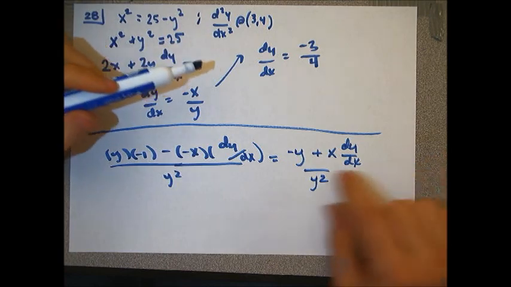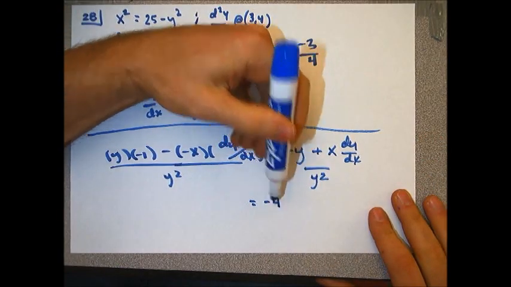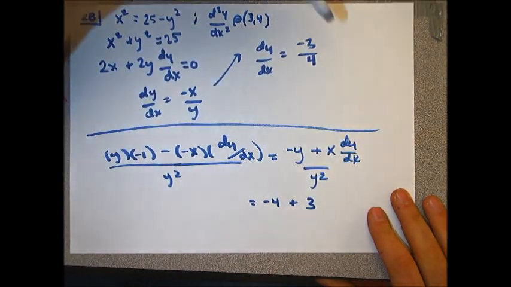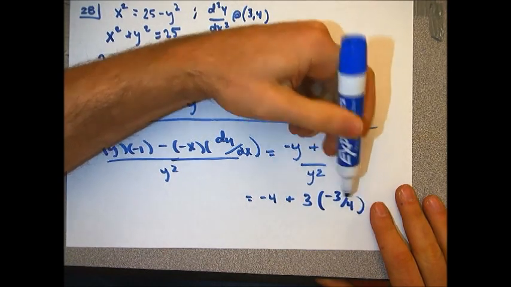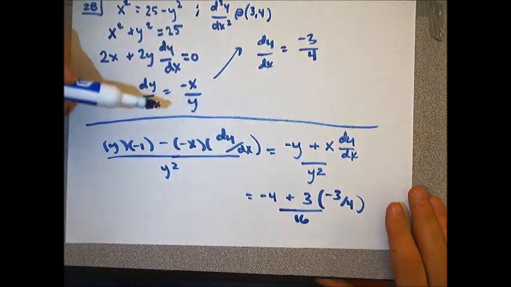So what do we know? Y is 4, so this is negative 4 plus 3. We know dy dx is negative 3/4 over y squared. 4 squared is 16.